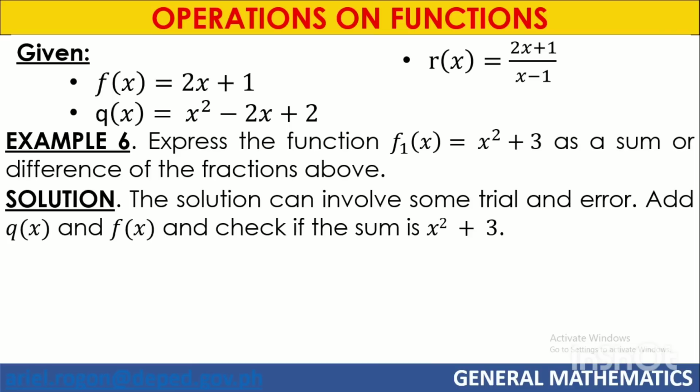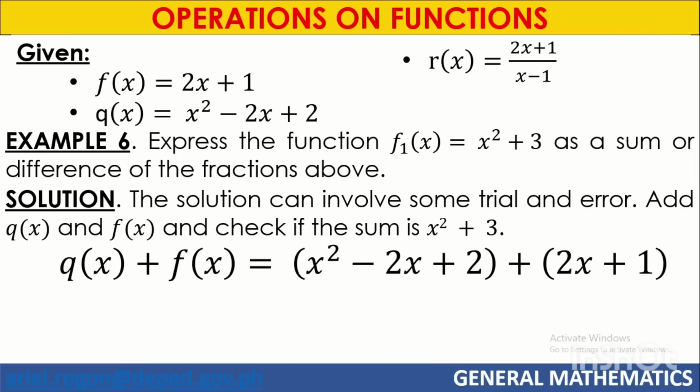Add q of x and f of x and check if the sum is x squared plus 3. So, we try q of x plus f of x. So, try natin i-add. Copy x squared, no? Negative 2x plus 2x cancel. So, the answer is x squared plus 3.